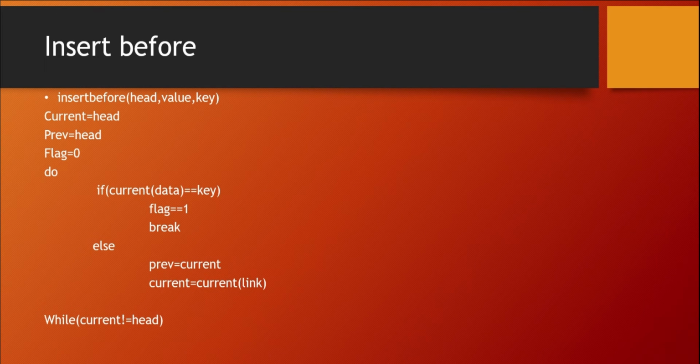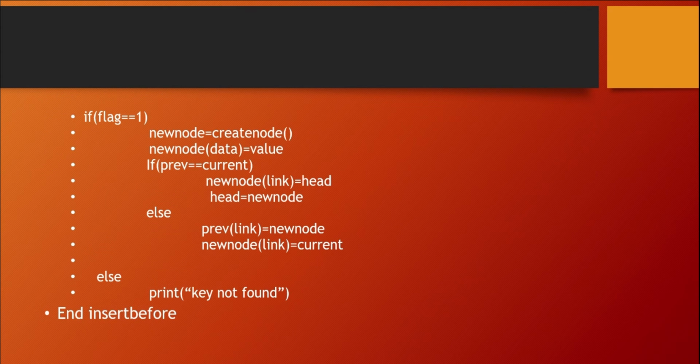If current of data equal to key, then we set the flag equal to 1 and the operation breaks. Else if current of data not equal to key, then previous is equal to current, current equal to current of link, and while current not equal to head and if flag equal to 1, then we create a new node as we did in the previous algorithm, and the value is stored in the data part of that new node.